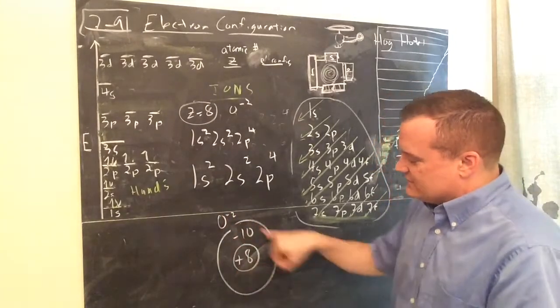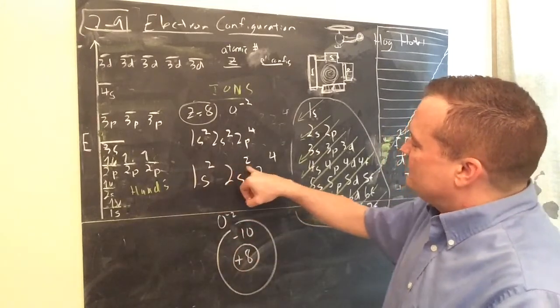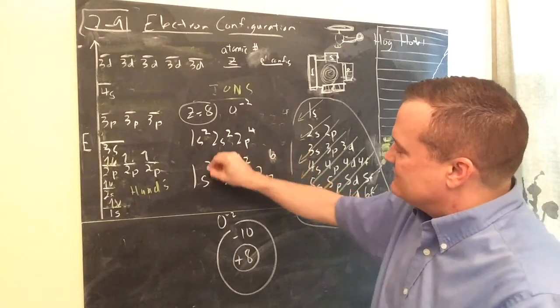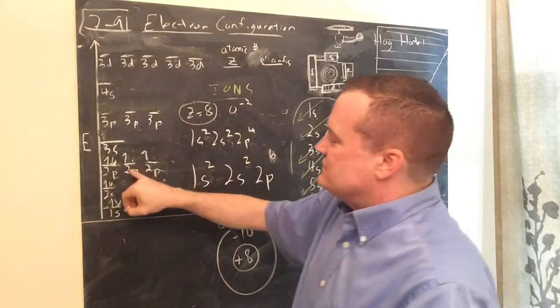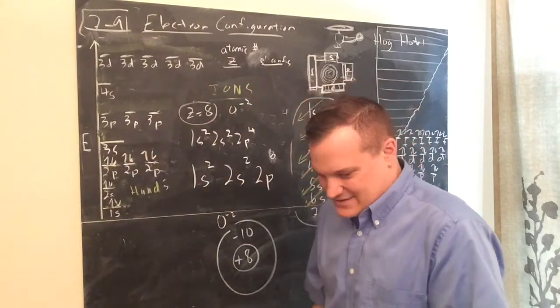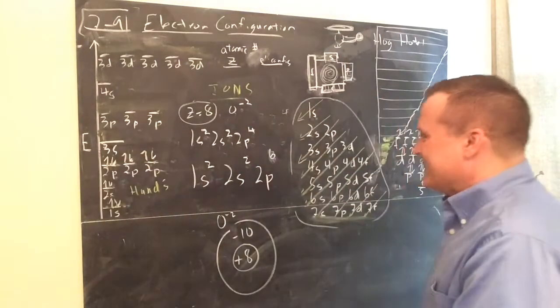There are 10 electrons. So 1, 2, 3, 4, and that means I've got 1s2, 2s2, 2p, and that's going to be a 6, 7, 8, 9, 10. It gains 2, so oxide will gain 2 more electrons. They go right here. This chalk is getting small, and I've got to go get my other chalk. I think it's outside. Can't run to my car now.